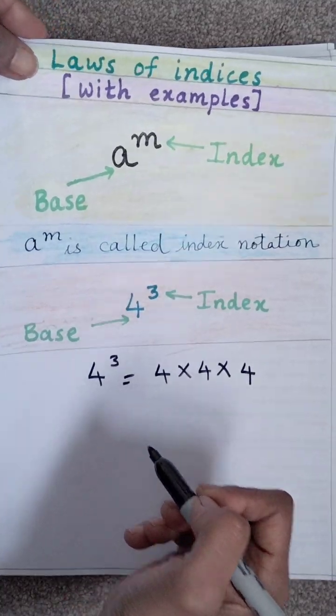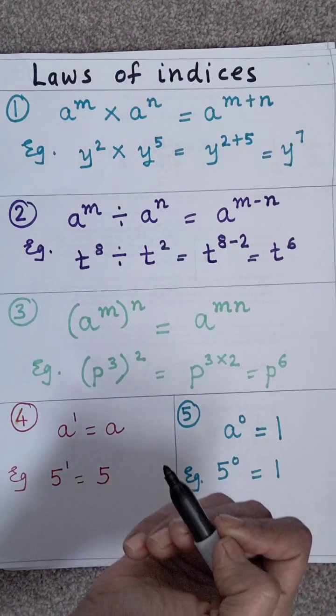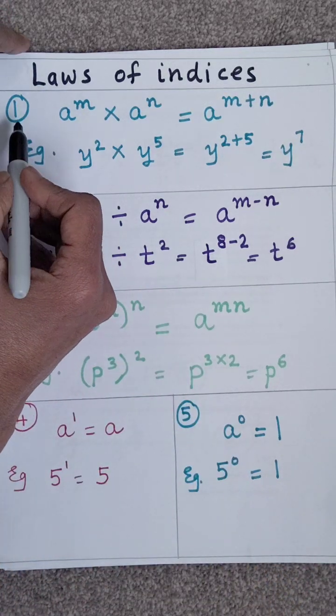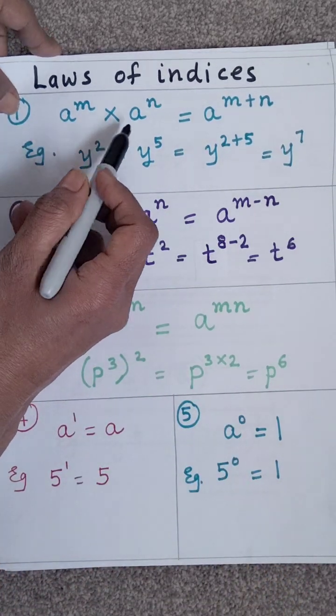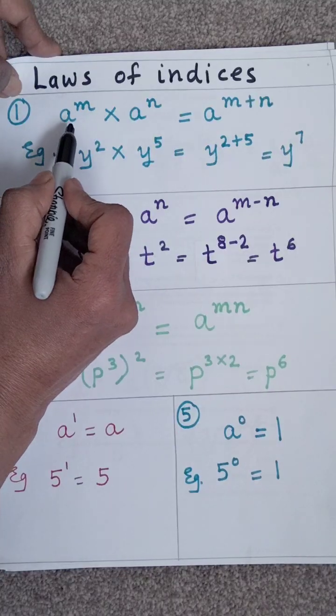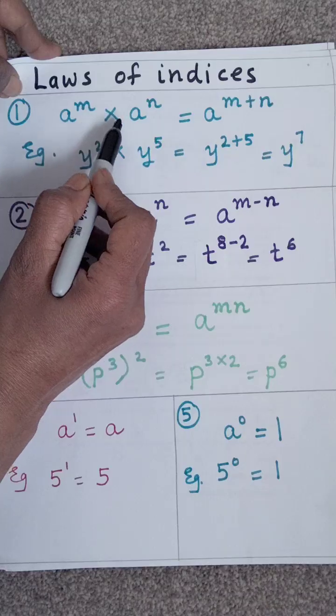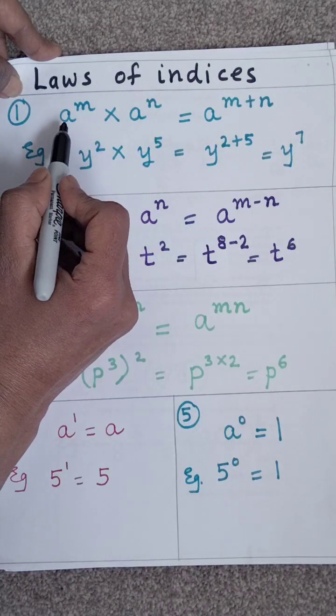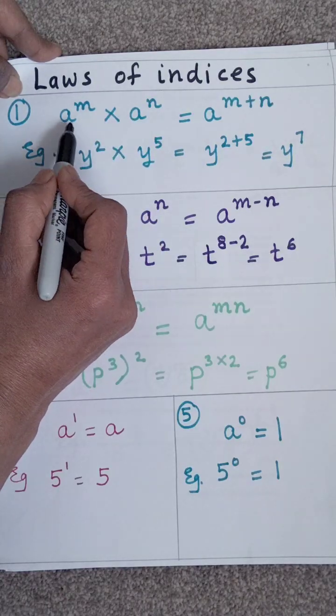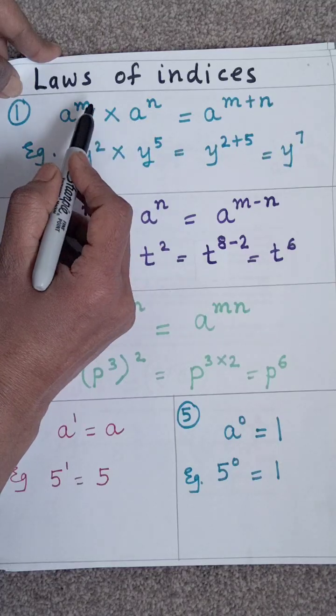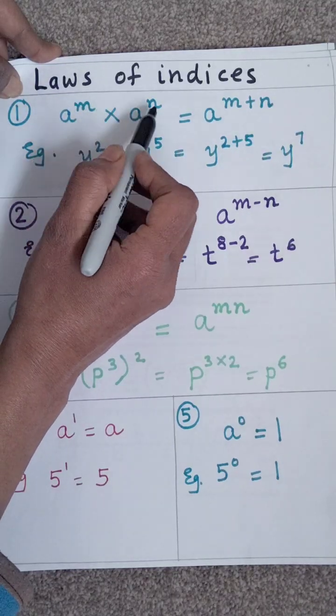Now let us learn some laws of indices. The first law is the multiplication law. A raised to m times a raised to n. There is a sign of multiplication. Look, the bases are the same, a and a, but the indices are different.